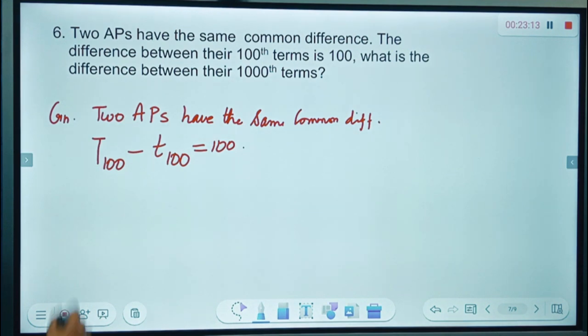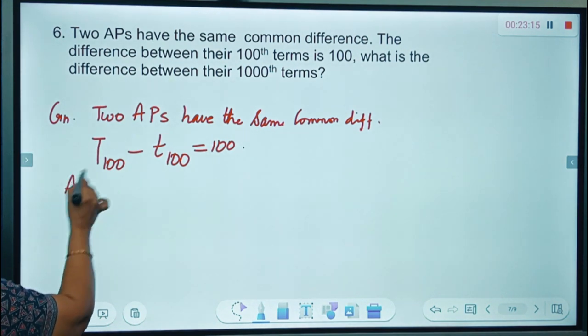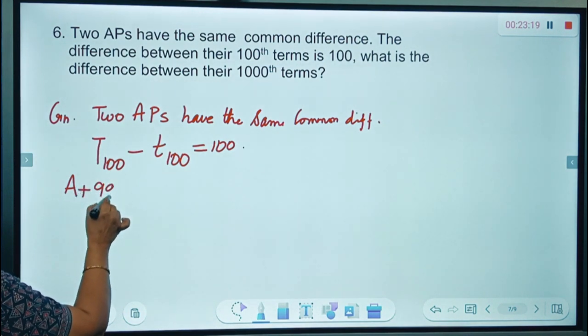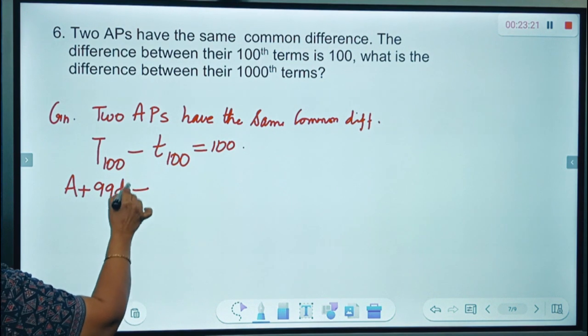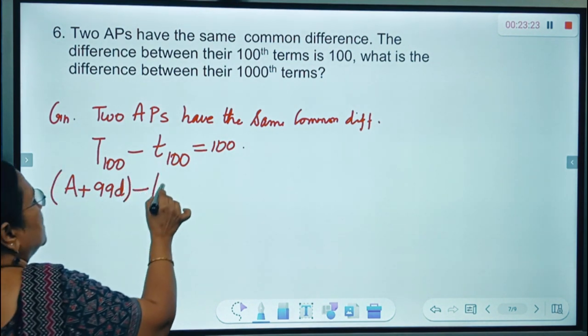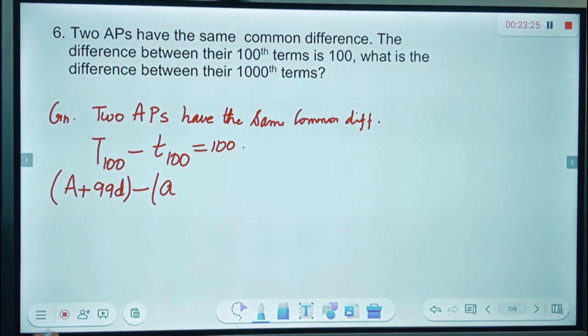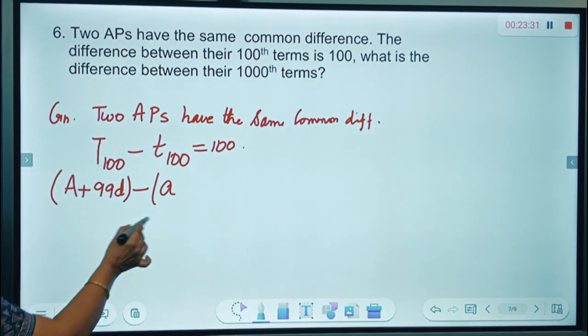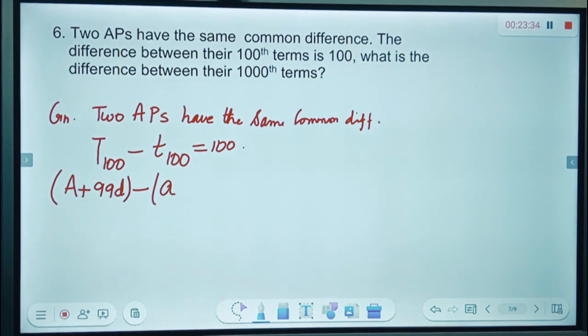Okay. Now what will be T100? I'll use capital letters for this and small letters for this. A plus 99d minus, this is small a plus 99d. They only have the same common difference. They have not said they have the same first term. So that's why I'm using capital and small letters to differentiate the first terms of the two different APs.